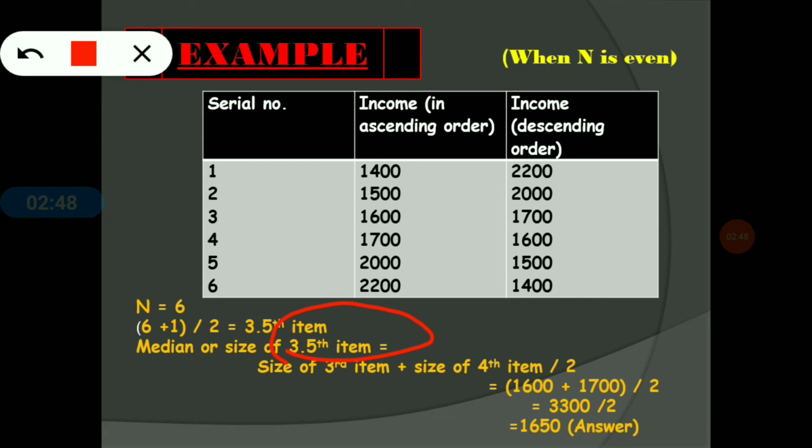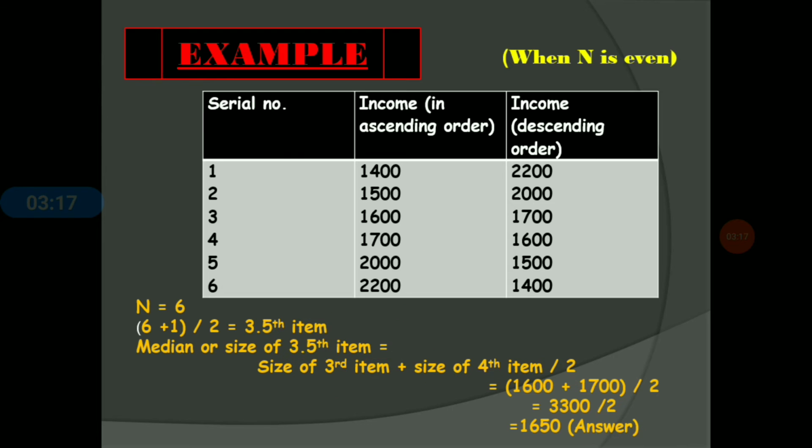For the even number series, the value of median, the 3.5th item, is equal to the size of the third item plus the size of the fourth item, divided by 2. That means (1600 plus 1700) divided by 2, that means 1650. So 1650 is the value of median for the even number series. I think this is clear. So now going to the next slide.